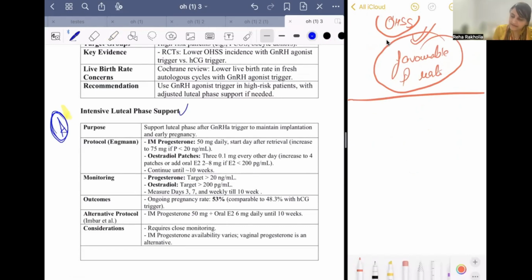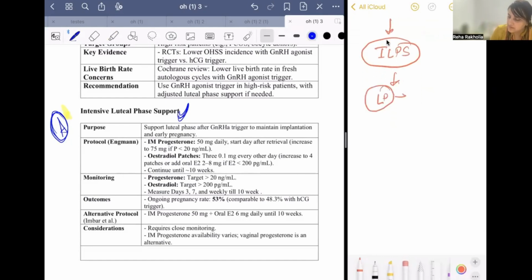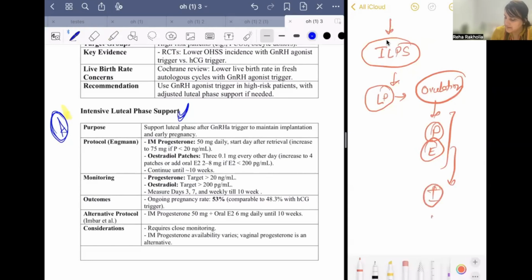First, we'll give intensive luteal phase support. See the importance of intensive luteal phase support. What is luteal phase? Luteal phase is the period following ovulation where the body must maintain adequate level of progesterone and estradiol to support implantation and early pregnancy.